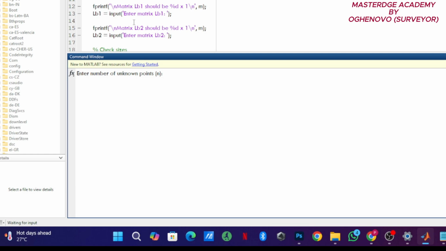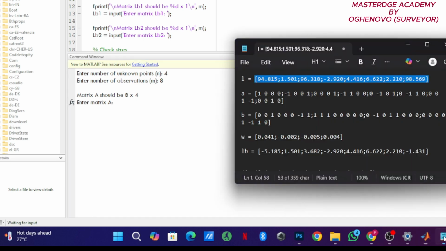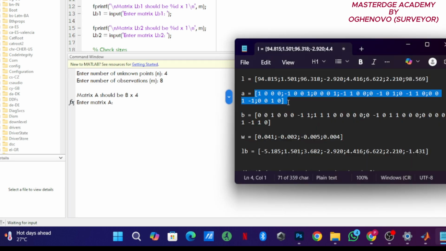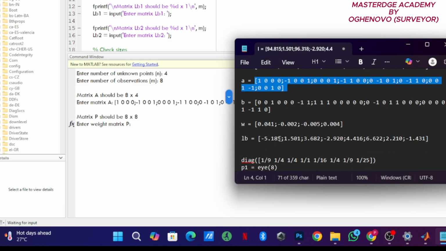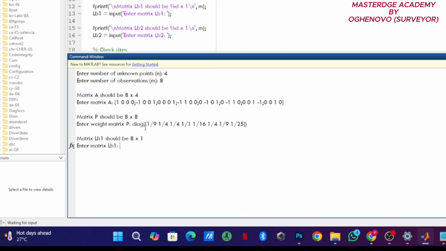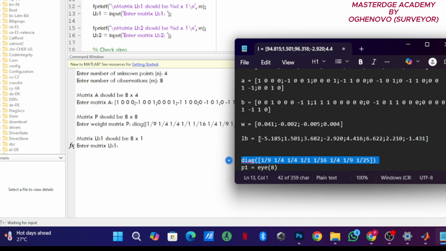But let's go again. 4 8. Let's be fast. 4 8. Okay, so our A matrix. Copy, paste. Our B matrix. This, copy, paste. LB1, L1.